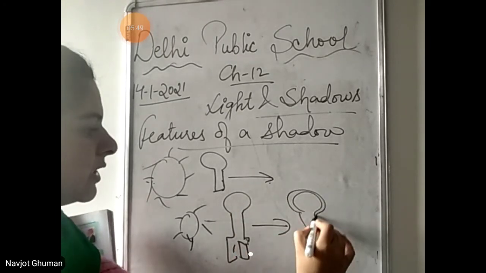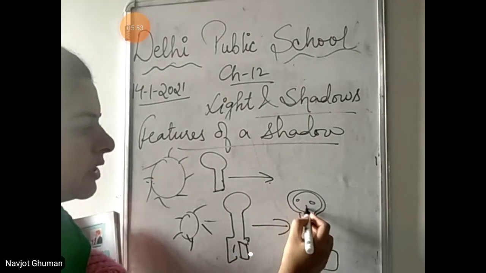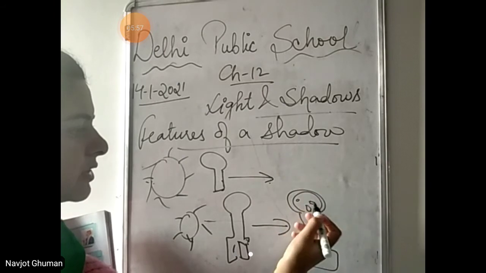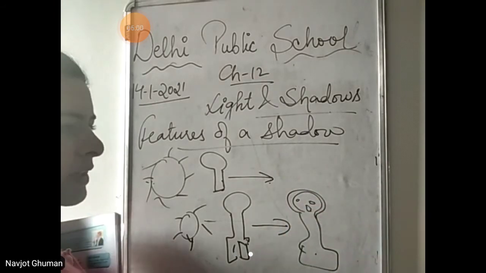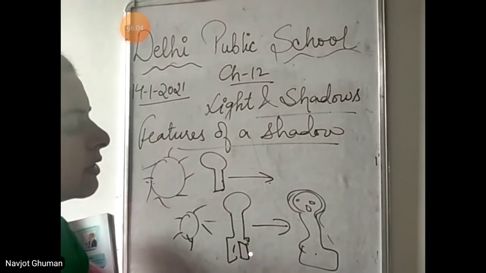Outline means outline ही दिखेगी आपको shadow में, ये नहीं दिखेगा कि where are your eyes, where is your nose, where are your other features, eyebrows and all that. कोई और चीज नहीं दिखेगी, shadow में सिर्फ outline ही दिखेगी.